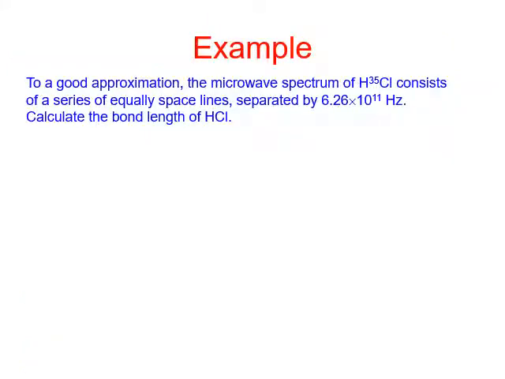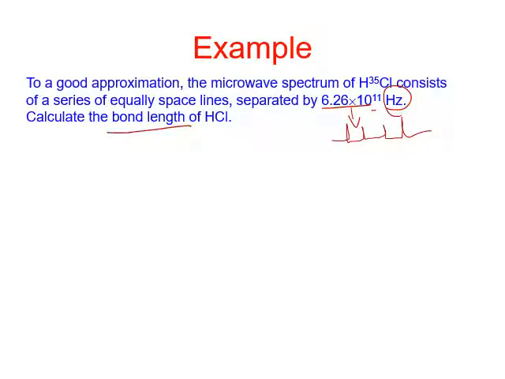Example. To a good approximation, the microwave spectrum of hydrogen chloride consists of a series of equally spaced lines. So these absorption lines are equally spaced. Okay, and the separation is this number, in hertz. And it asks you to calculate the bond length.